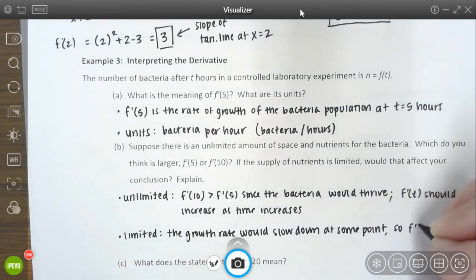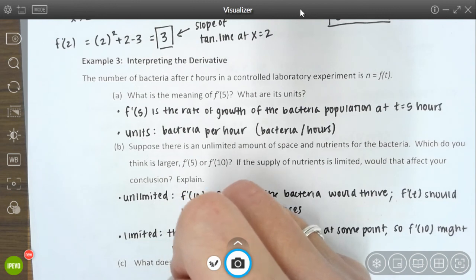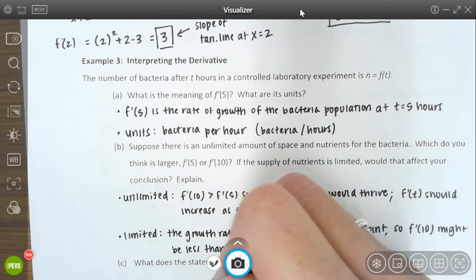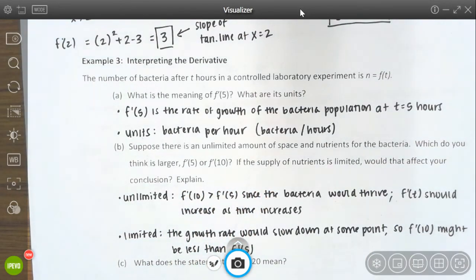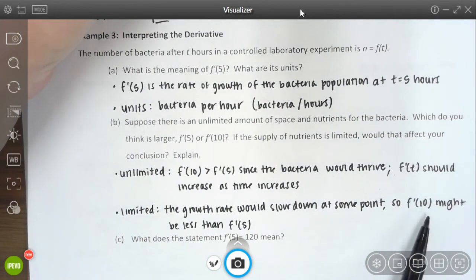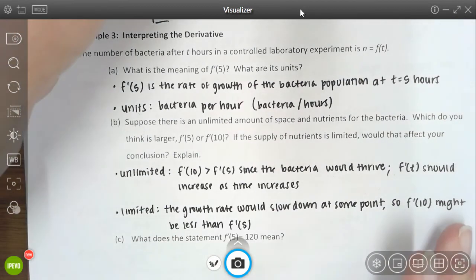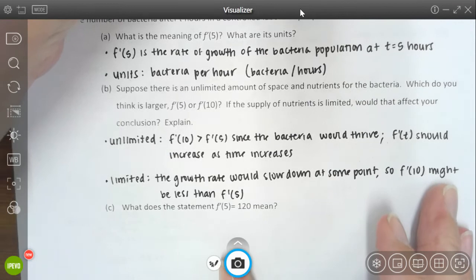So I would say that maybe f prime of 10 might be less than f prime of 5. Because if we run out of space before we reach f prime of 10, then the bacteria rate might be larger at f prime of 5. It really just depends on what that area would be where the bacteria are growing.